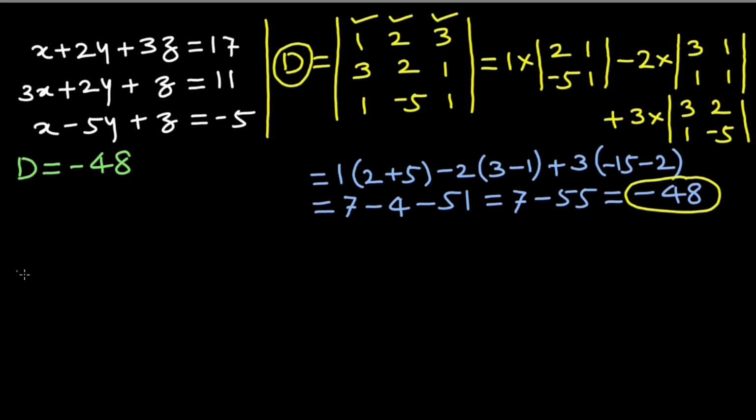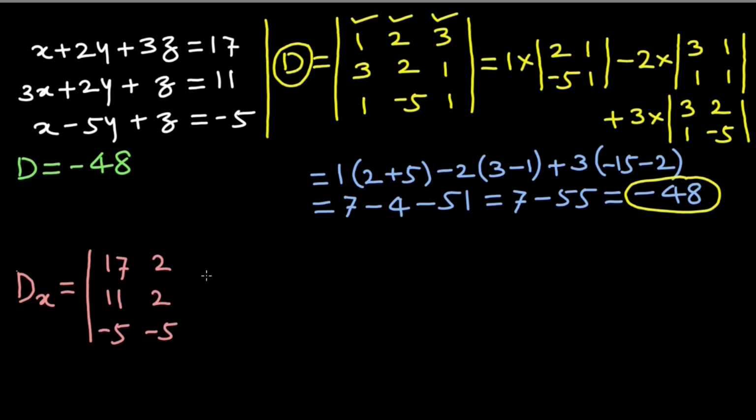Then we will write determinant Dx. First we will replace the coefficients of x by the constant terms 17, 11, minus 5. Then we write coefficients of y, which are 2, 2, minus 5.